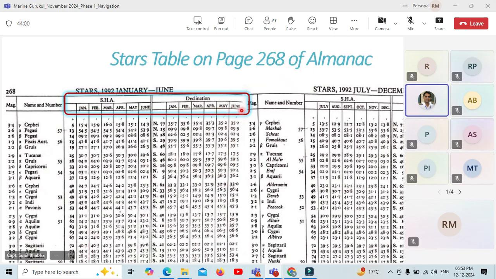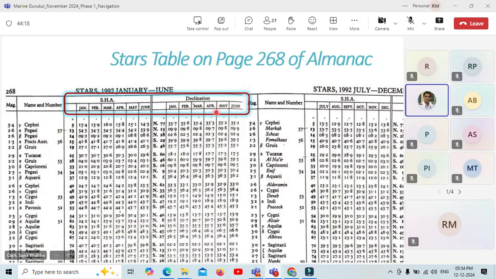Now we are aware that the SHA and declination of the star does not change much. There is a very minute change in the SHA and declination of the stars. They can be practically assumed to be fixed bodies on the celestial sphere.